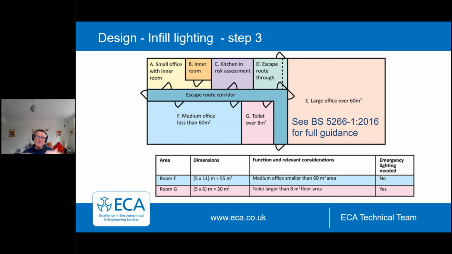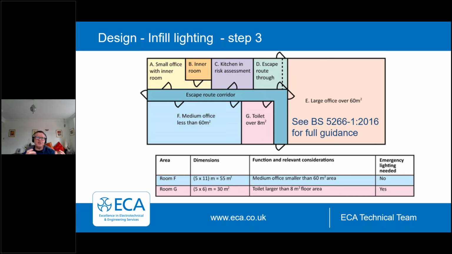So this gives us an important caveat. General guidance, no, because it's under 60 meters square. Not generally, but your risk assessment can override that if you deem it a requirement. And this comes back to the point we made right at the beginning. We need a competent person to do this. We need somebody who is skilled, has the knowledge to understand the implications here.